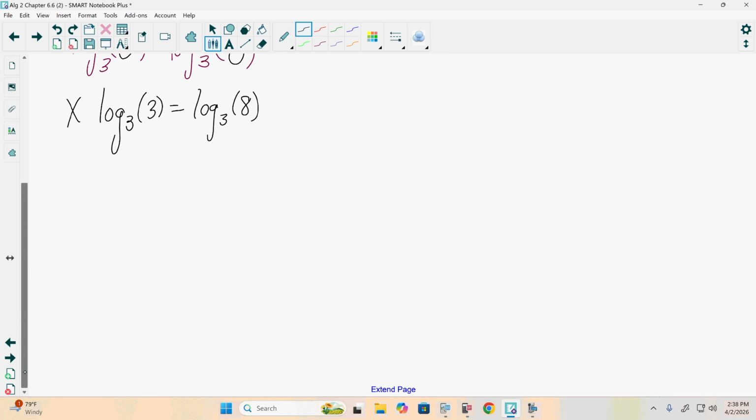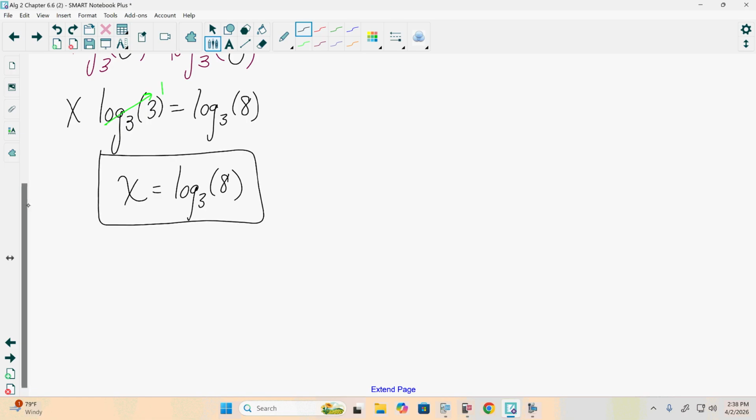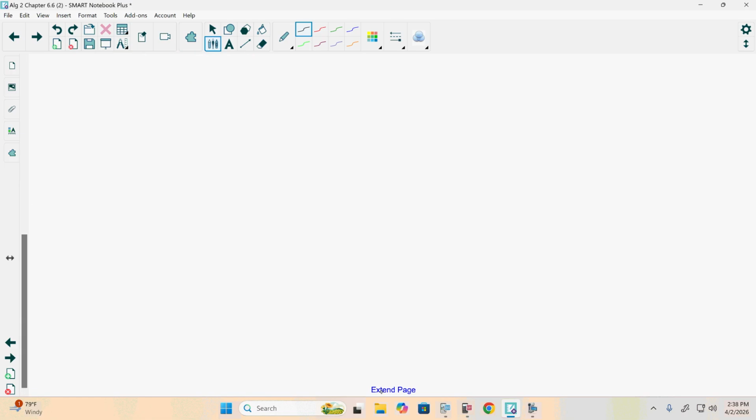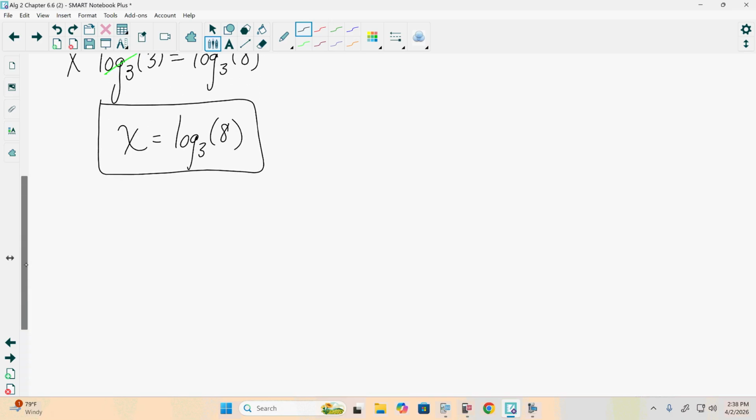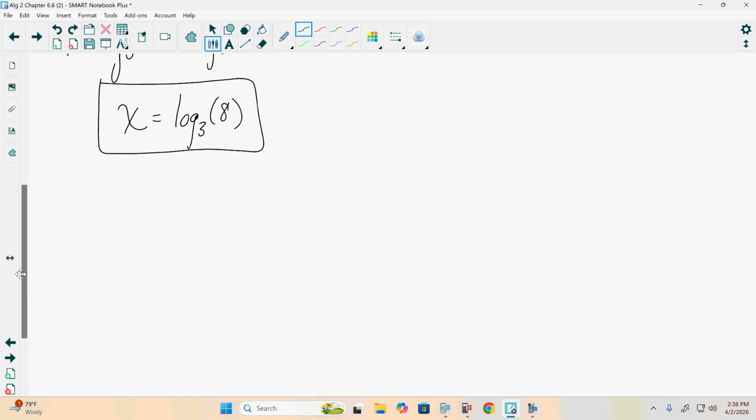Well, what is log base 3 of 3? 1. Questions on how we got that x is equal to log base 3 of 8.